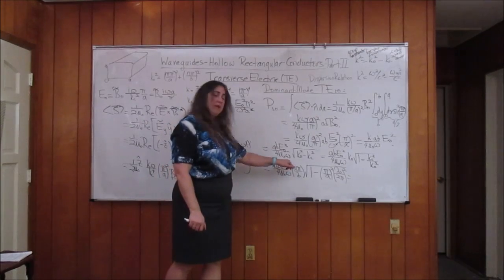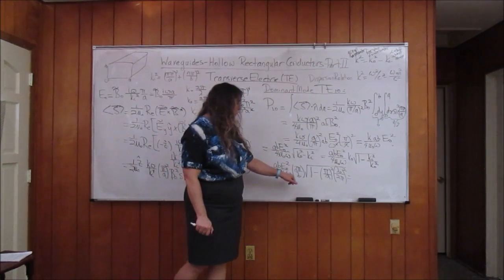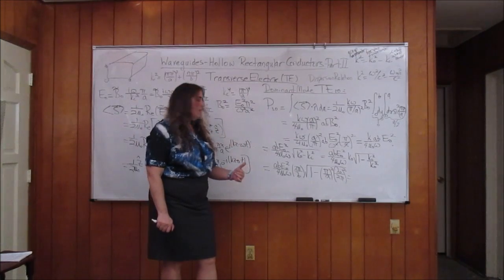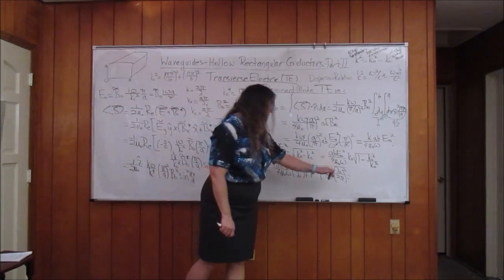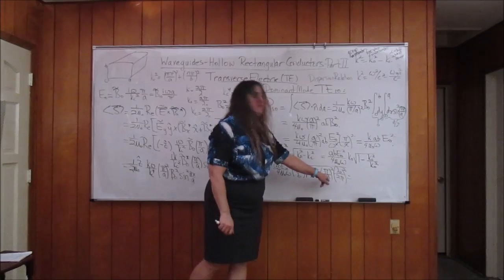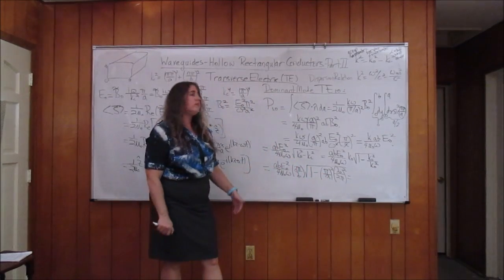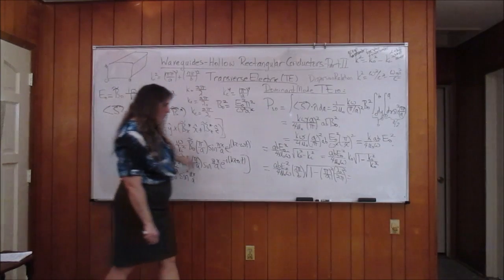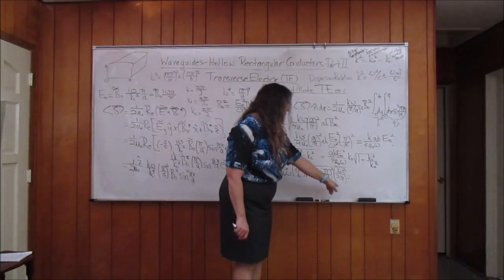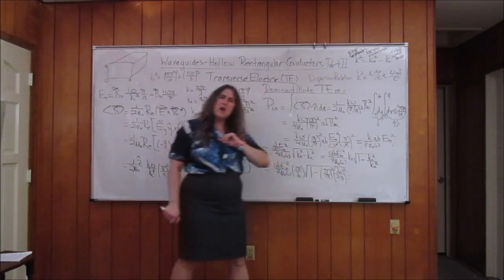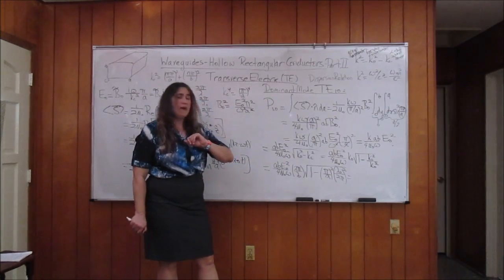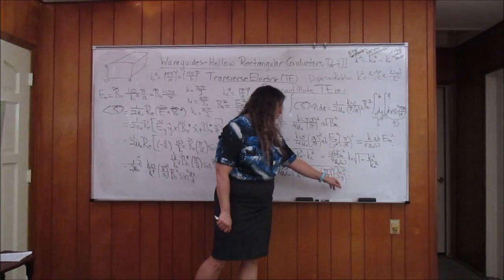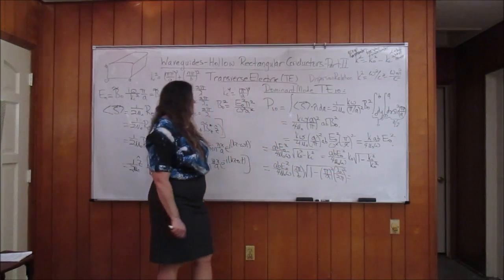I've just got the a b E naught squared over 4 mu naught omega times 2 pi over lambda naught. Remember, that's how the wave number and the wavelength are related to each other. Square root of 1 minus k_c squared. We're dealing with the dominant mode, so the k_c in this case is just equal to pi over a. So we're squaring that, that's pi over a squared. And I'm replacing k naught by writing that rather in terms of the free space wavelength. So that's just lambda naught over 2 pi quantity squared.